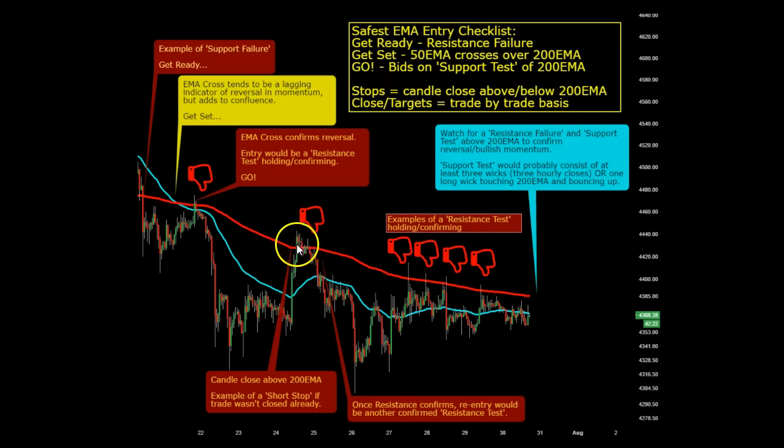So whether you consider this being stopped out or not is really up to you. This looks like a convincing break of the 200 to me, so it would be an example of a short stop if your trade wasn't already closed. But again, you get this re-entry on this shooting star type candle.